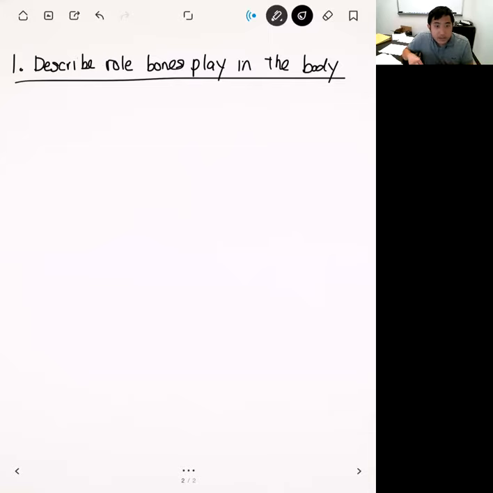Your bones serve two very important roles for the human body, at least to me. First and foremost, as probably the most rigid and strong structures within your body, one of the main roles that bones play is that they provide the rigid framework that supports and protects the soft tissues in the body.